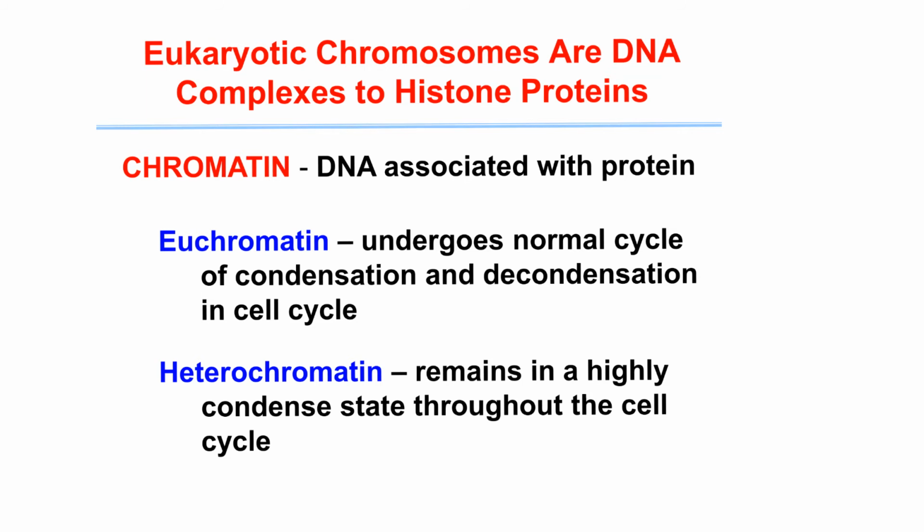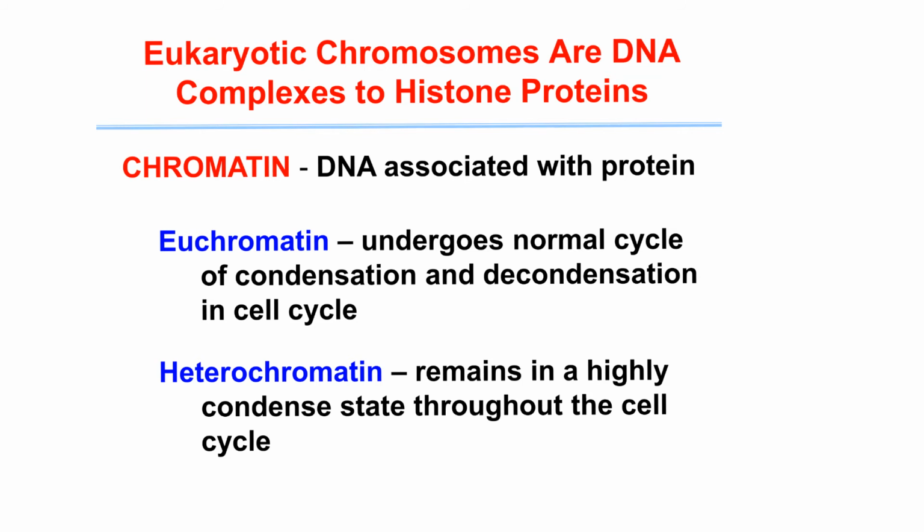This extreme condensation is necessary for chromosome movement in mitosis and meiosis. So this change in chromatin structure from highly condensed to extreme condensation is necessary. As you can see, the chromosome structure is not static, it's highly dynamic, and it changes during the cell cycle, and it also has to change during DNA replication and gene expression.